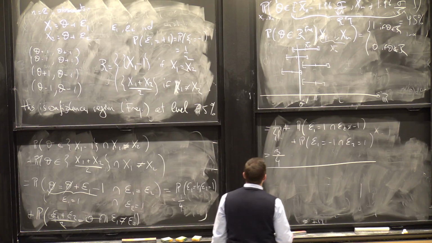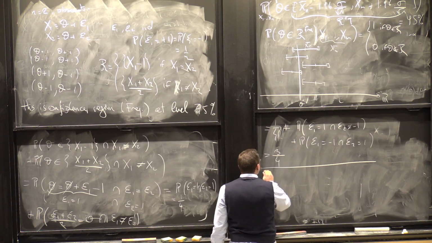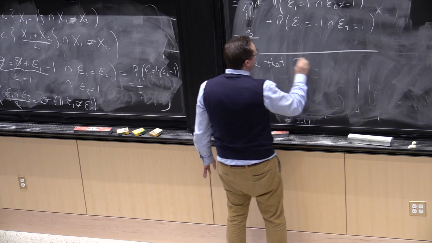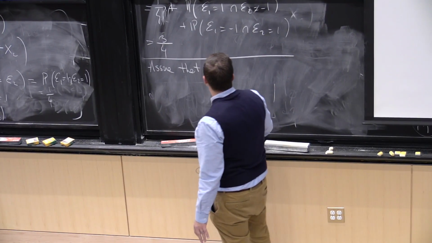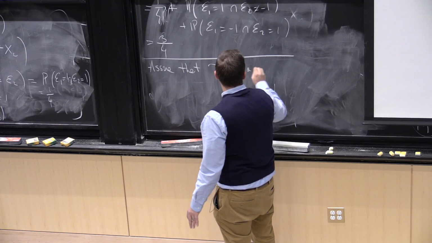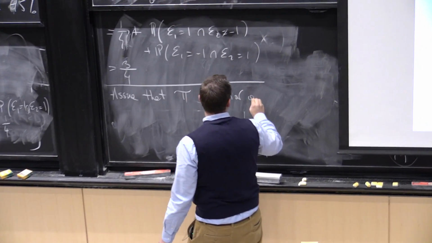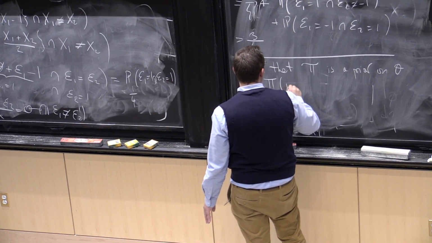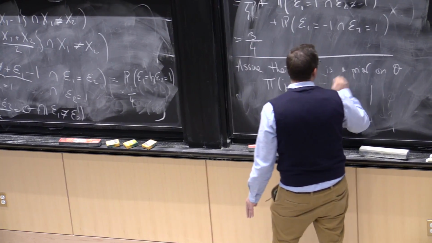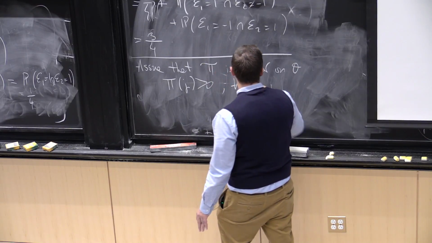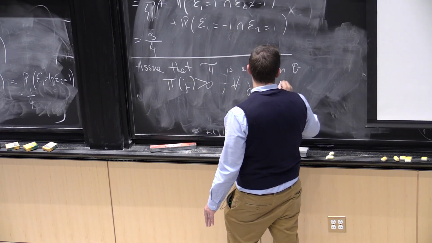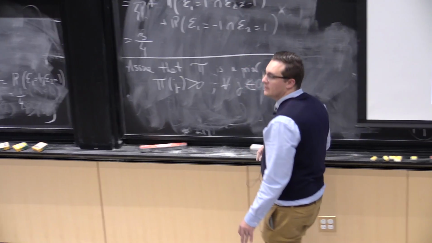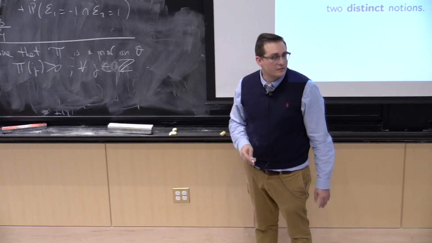Without loss of generality, let's assume that pi is a prior on theta, and let's assume that pi of j is strictly positive for all j in the integers, positive or negative.